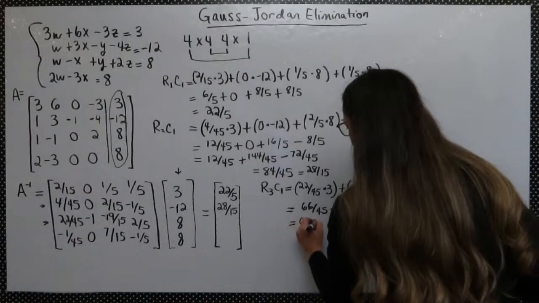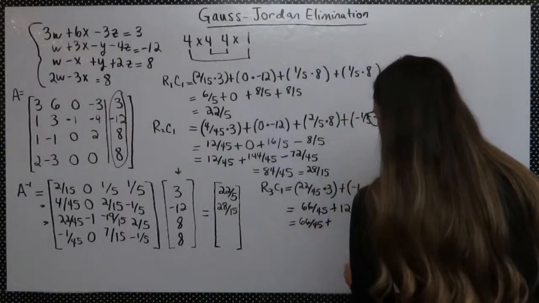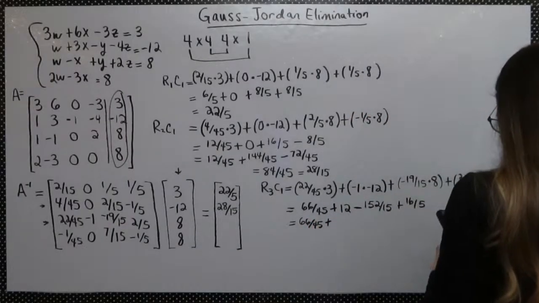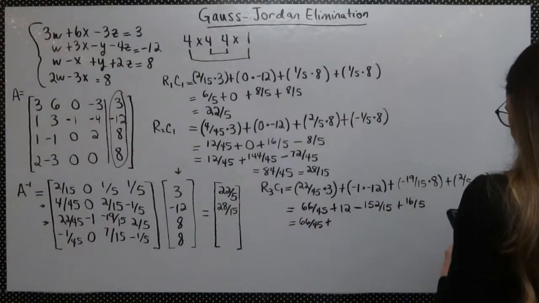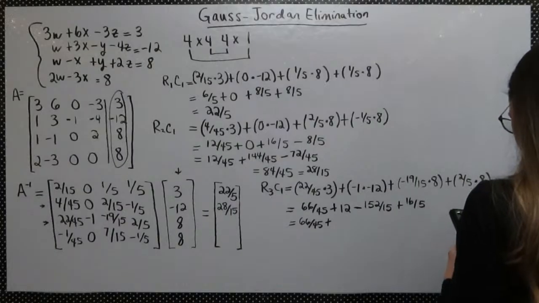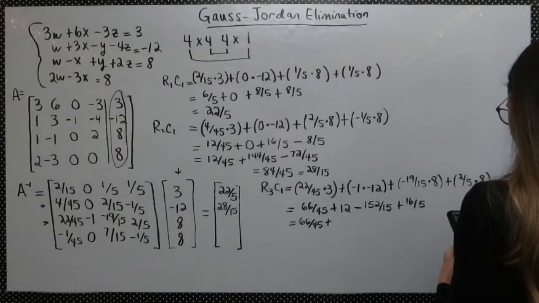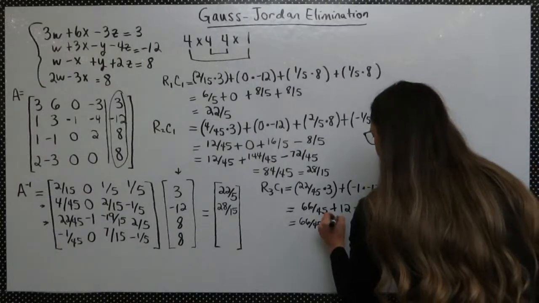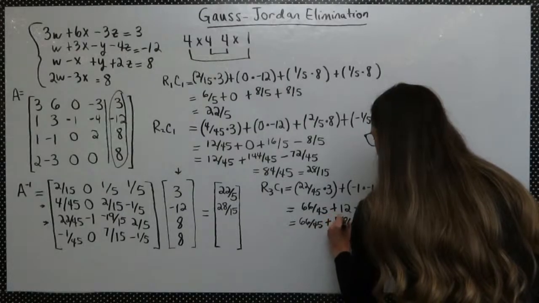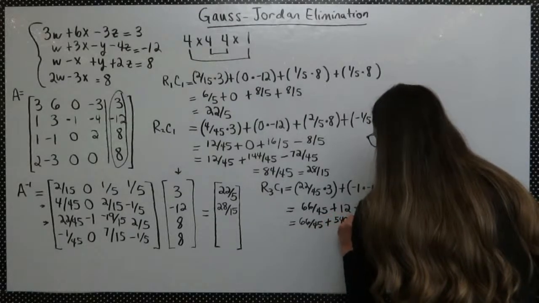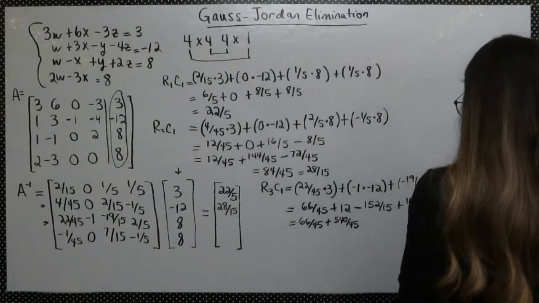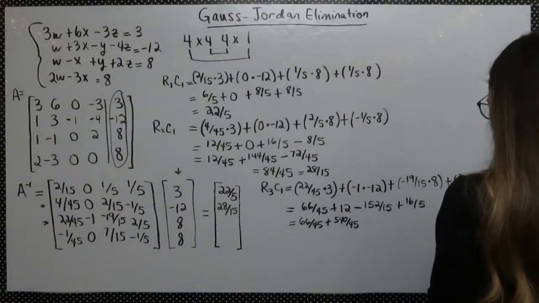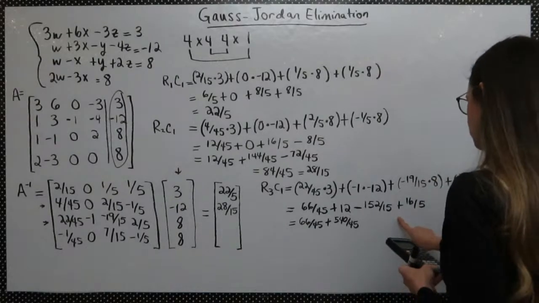66 divided by 45 plus, let's see, 12 times 45, 540 divided by 45. And then 15 times 3 is 45.